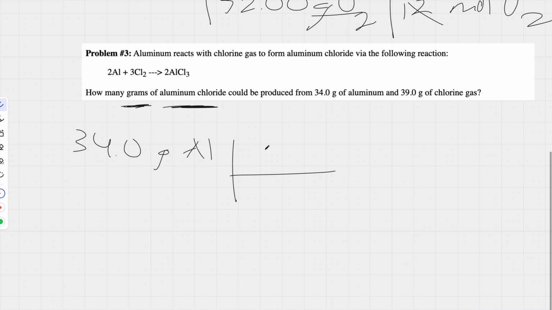So I should probably, give me 1 second. I had to get my periodic table. Okay, so 1 mole of aluminum equals 26.98 grams of aluminum.